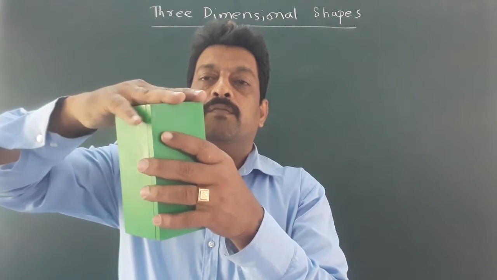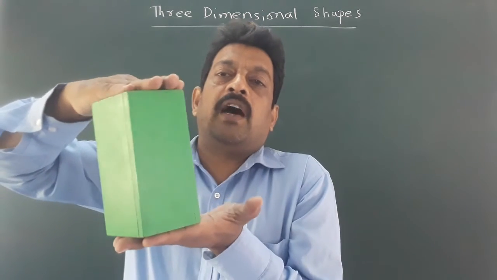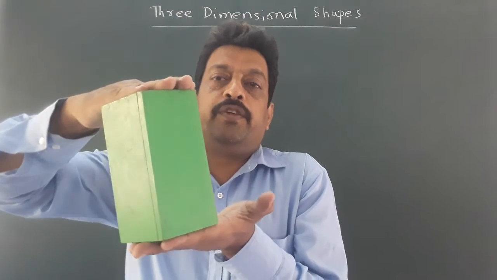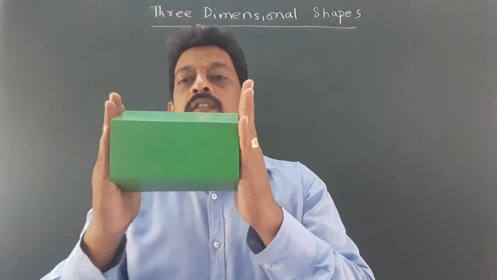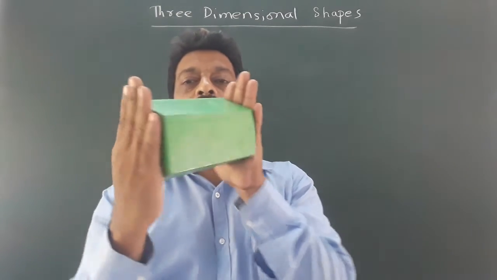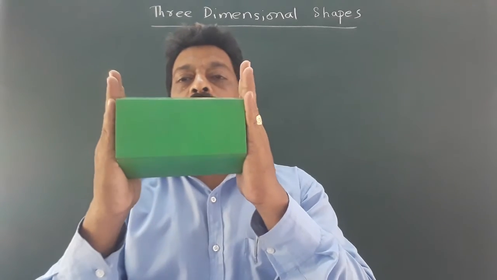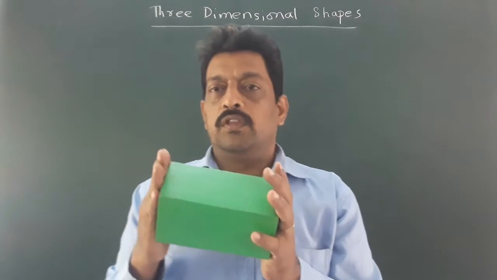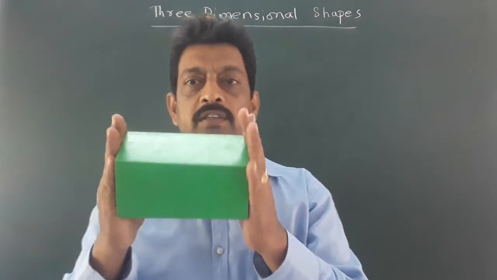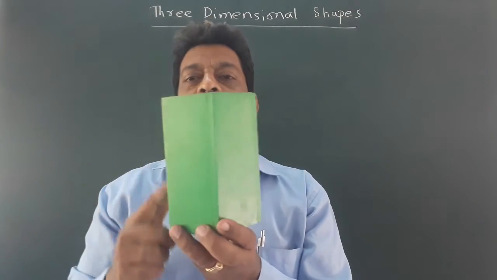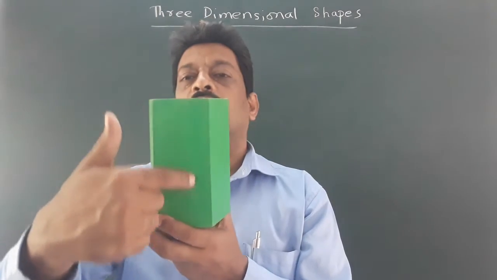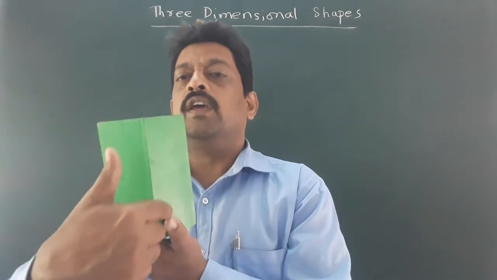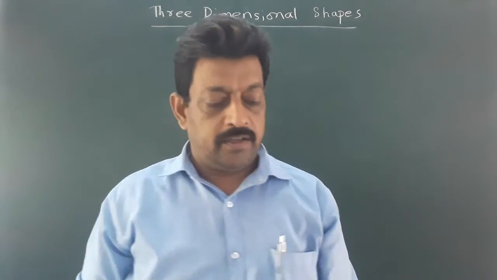This is the plane and these 2 planes are parallel to each other. If you consider this in this way, then here also this plane and this plane are parallel to each other. So the faces are plane parallel polygons, and the side faces, as you can see, are all rectangles. Okay, all the 5 side faces are rectangles.